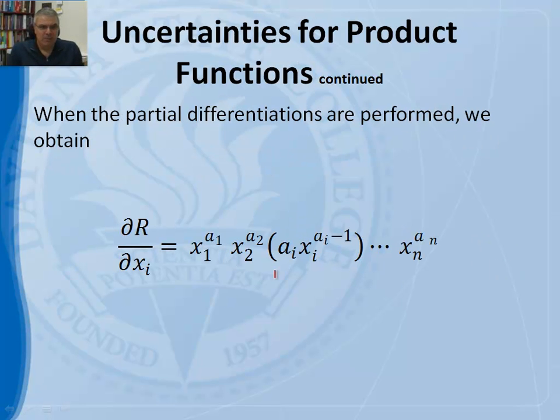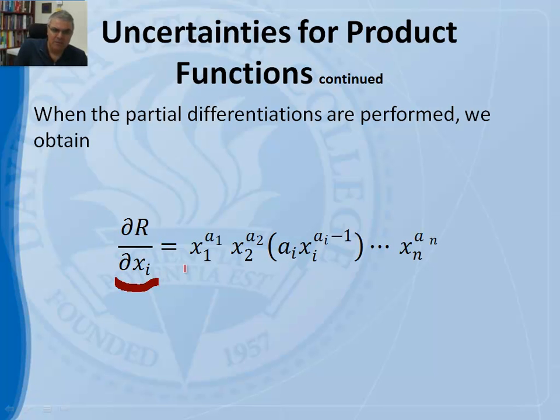So when we perform the partial differentiation, again, we need to do that, and as a result, all other variables except 1 would be constant. So in this case, when we take the partial differentiation with respect to x sub i, it could be any x sub anything really, x sub 1, x sub 2, and all the way to x sub n.